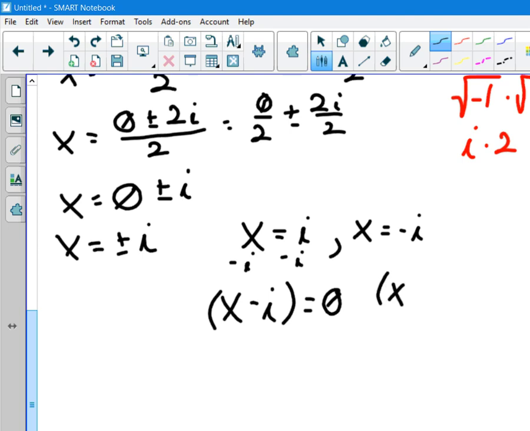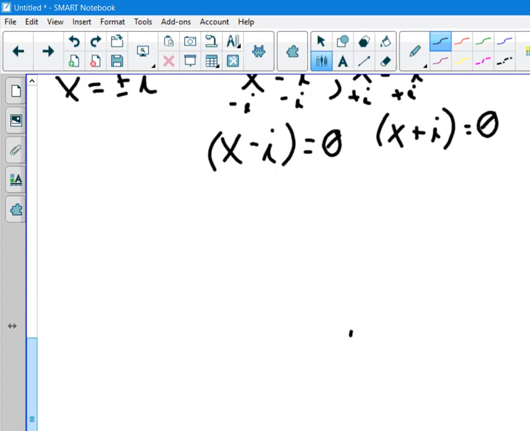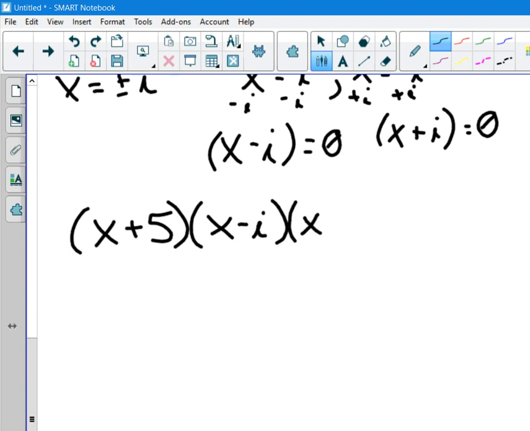And then I add i to both sides on the right equation, and I get x plus i equals 0. And so those are my other two factors. We always write our complex factors at the end of the polynomial. And so this is x plus 5 times x minus i times x plus i.